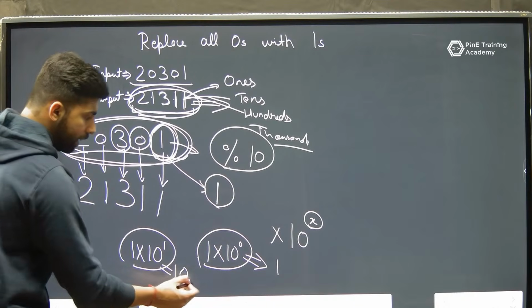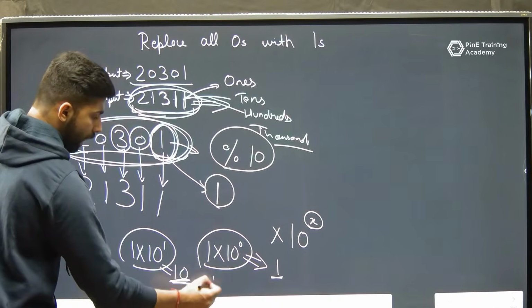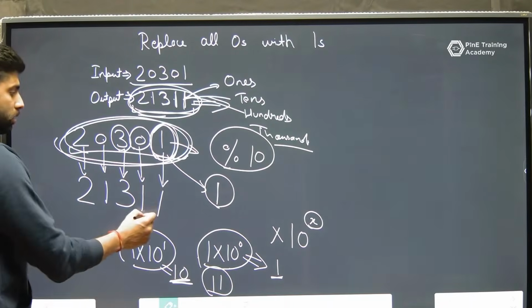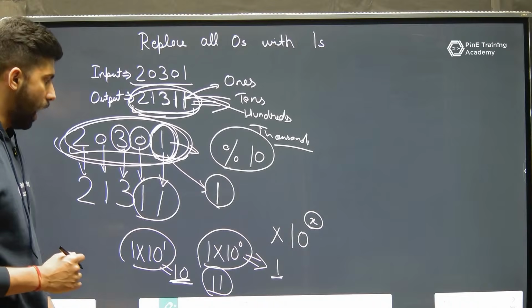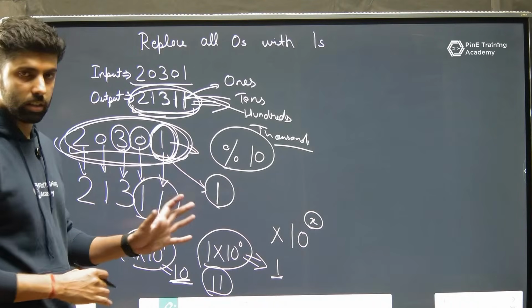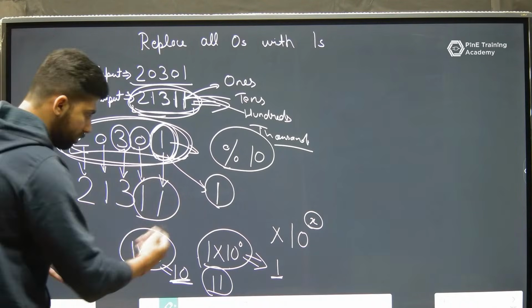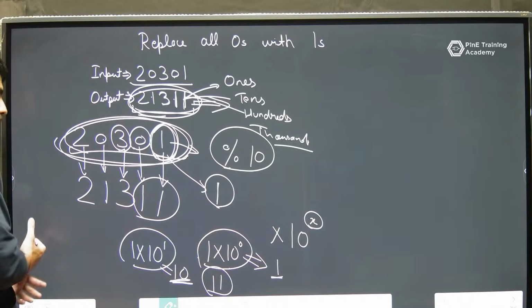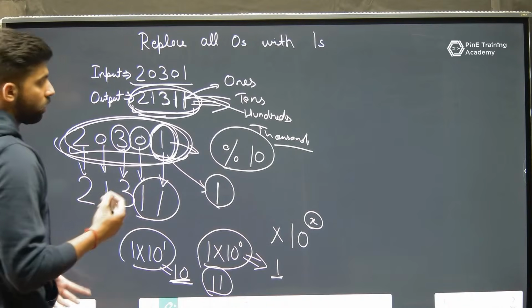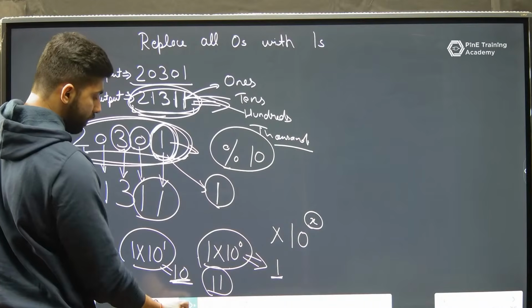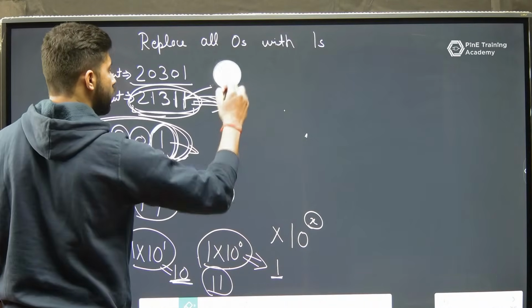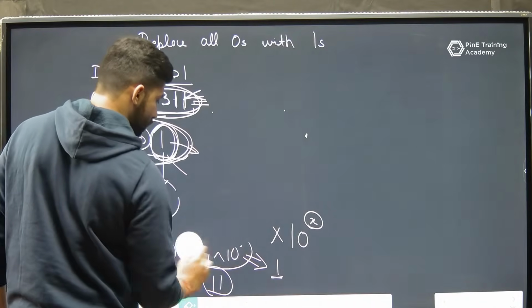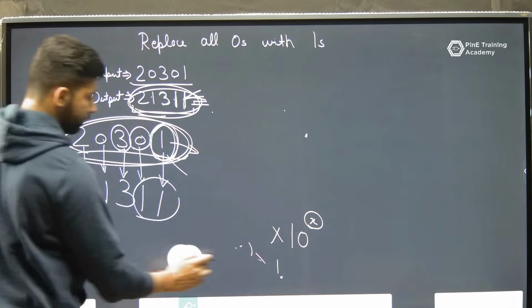And if I add 10 plus 1, I get 11. So I got these two digits, and so on. I just need to use this particular logic in the loop, and I will be able to solve this problem, right? So let's erase some of these things and start writing the code.